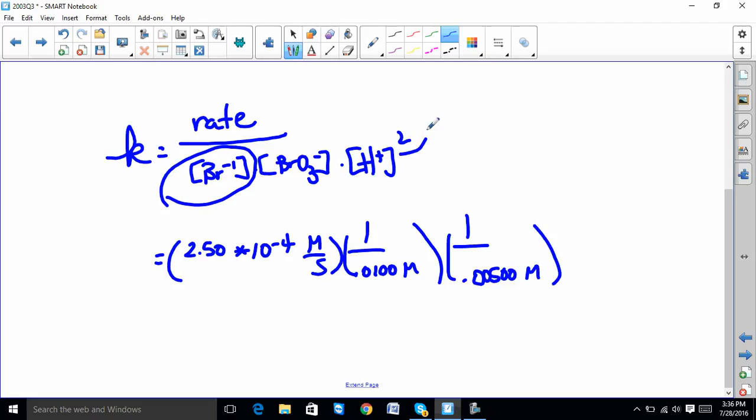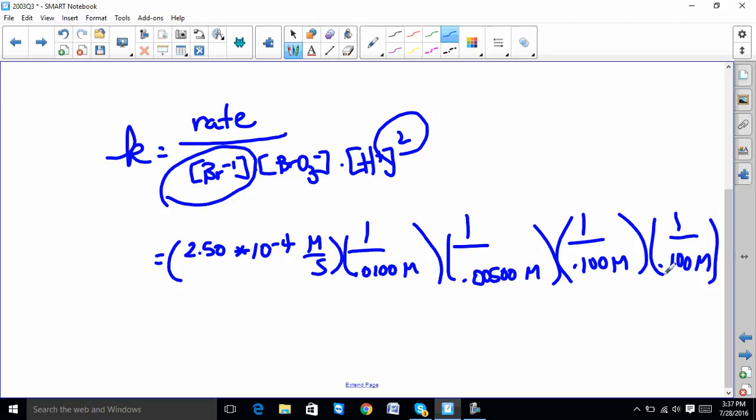And then because this is second order, I'm going to write it down twice because it's a little bit easier to keep track of units if you do that instead of squaring it, because sometimes you forget to square the unit. And so what happens is this cancels this.